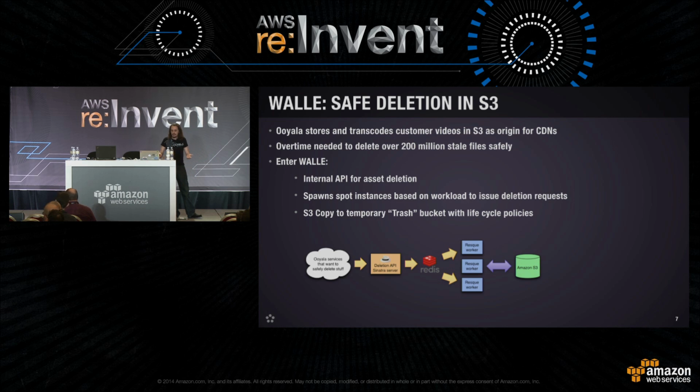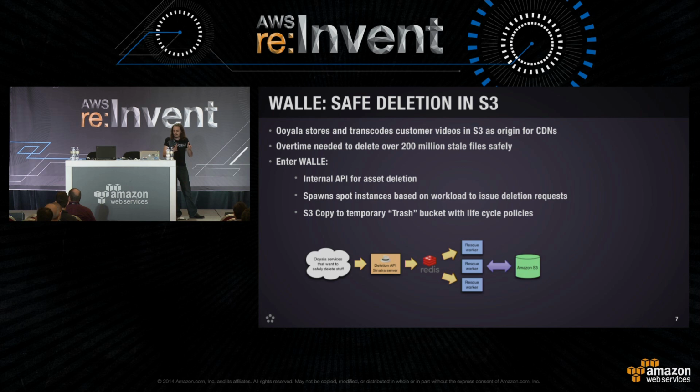So we built a service called Wally. This is an internal API at Ooyala that our various other services can talk to and flag an asset as being ready for deletion. Wally will wake up, look at that job queue and say, awesome, I've got all this data to clean out of the S3 junkyard, and I'm going to take it over into a trash bucket.